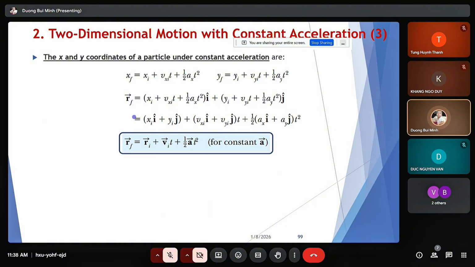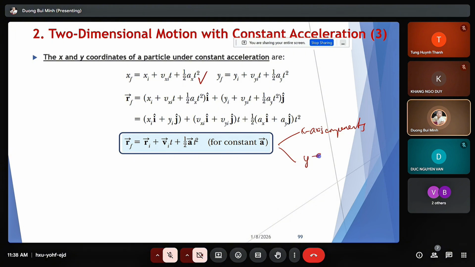And for example, this one: Rf is Ri plus Vit plus half At squared. We analyze this formula into x-axis components, so we can get this one, right?